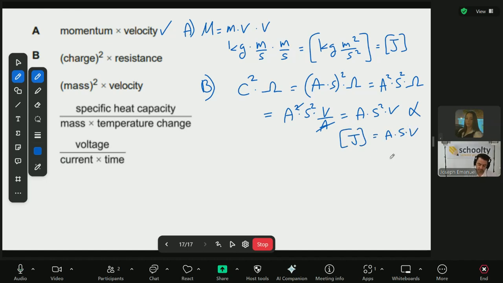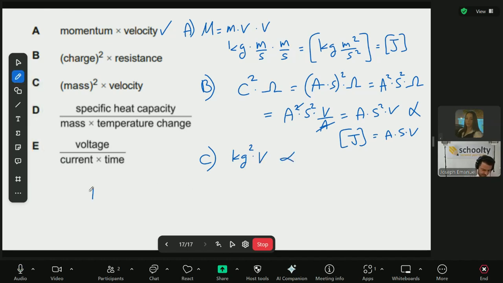We saw it from before. Okay, so this is not correct. Mass square multiplied by velocity. Kilogram square V. We don't have something like this, yeah? No. This is not energy, so this is not correct.